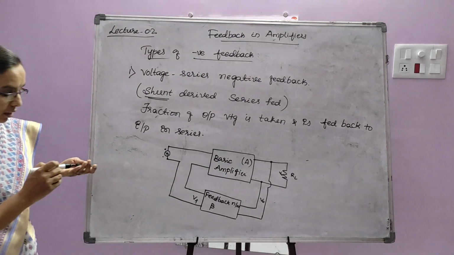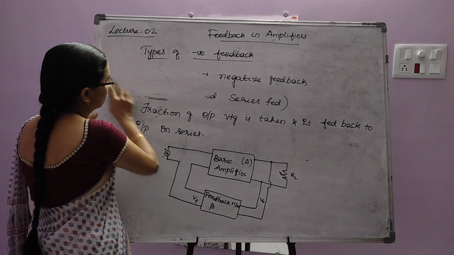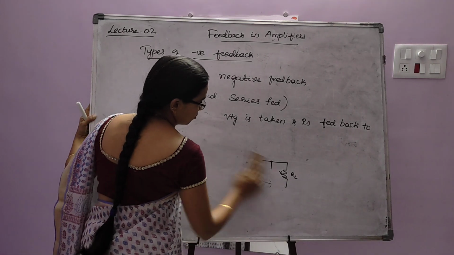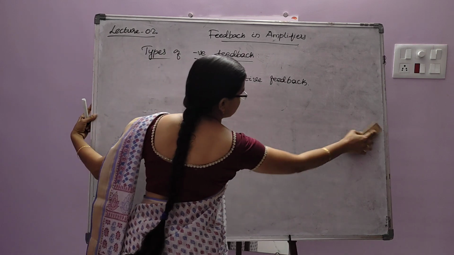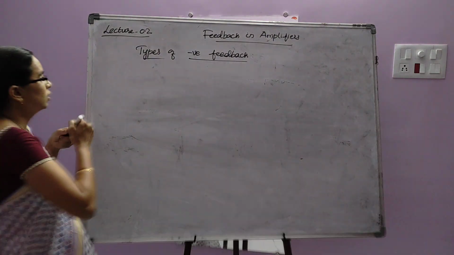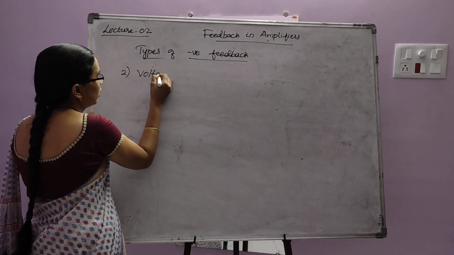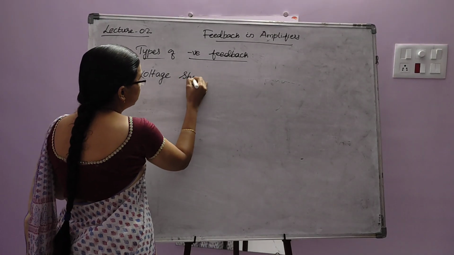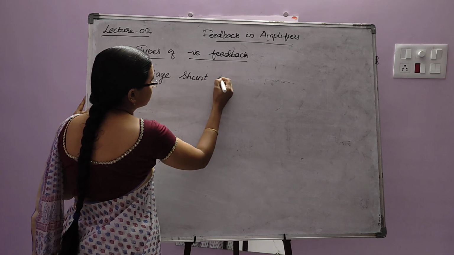Okay, and the second one is voltage shunt negative feedback. We are taking the voltage from the output.